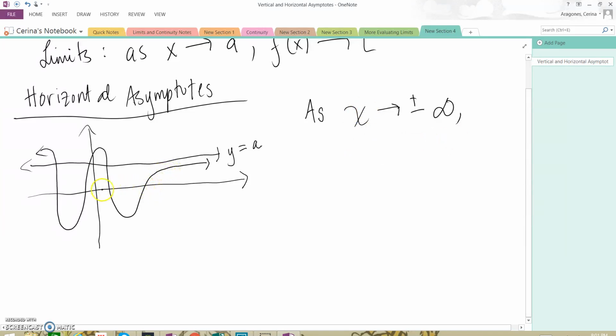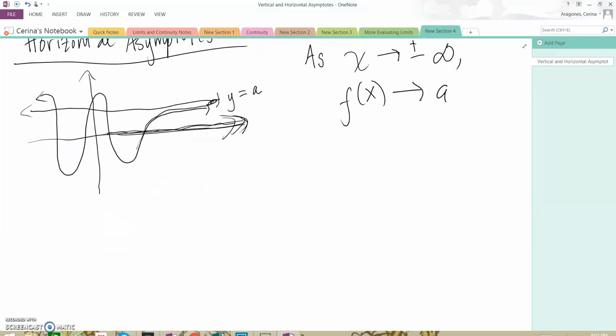So as you can see here, x is approaching positive infinity, and f of x is approaching a value. As our x values get bigger and bigger and bigger, our y values are approaching some value. So how do we evaluate horizontal asymptotes?